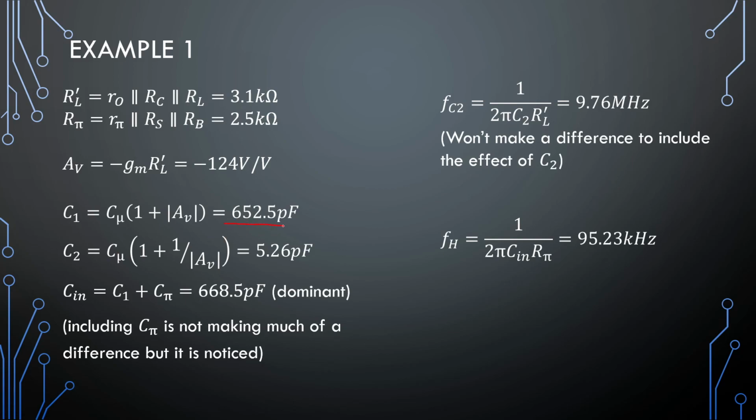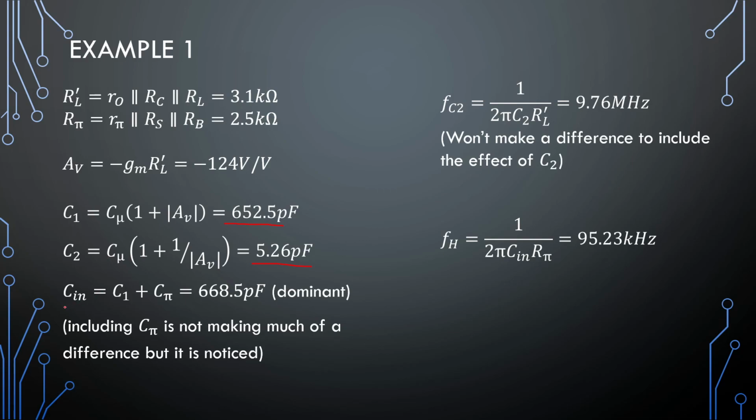So this is 625 picofarads and this is 5.26 picofarads. This is very close to the 5.22 that we originally had. So again, for large gains, C2 and C mu will approximately be the same value.